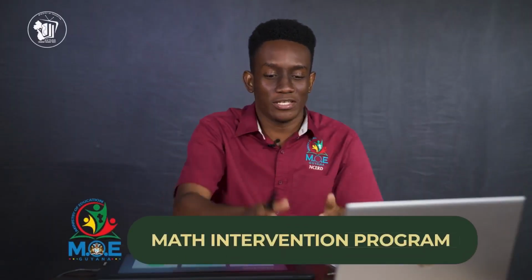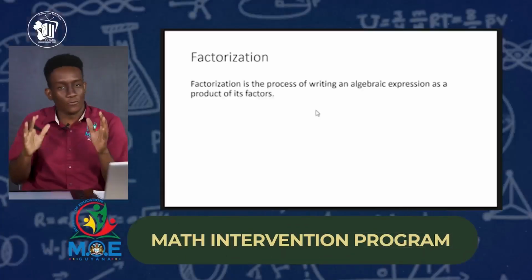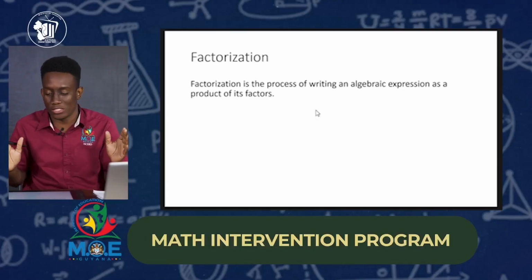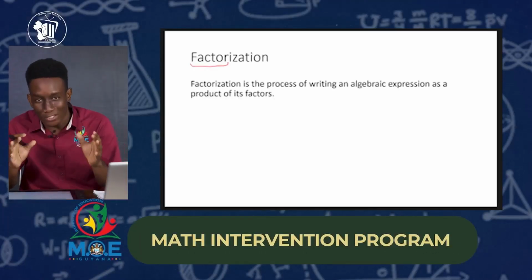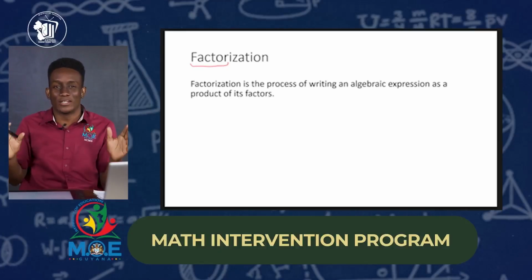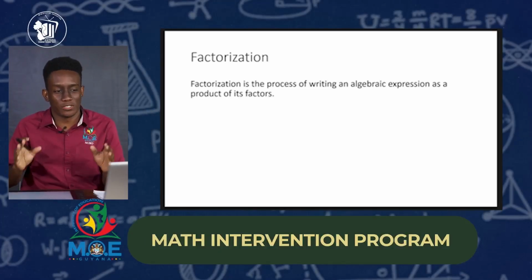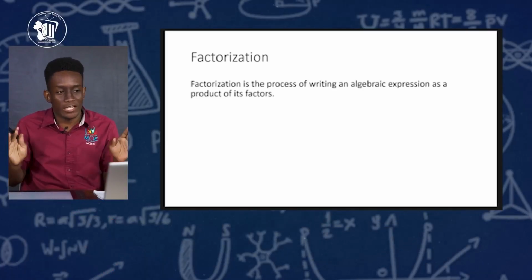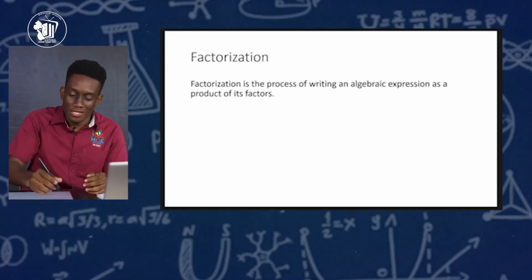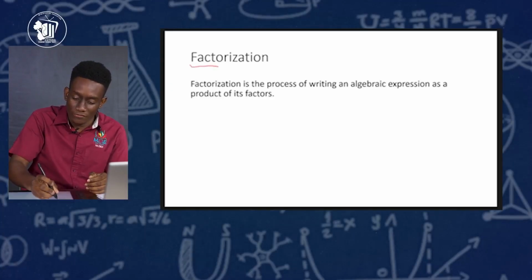So let's head straight into the concept. First of all, factorization is the process of writing an algebraic expression as a product of its factors. And if you look at the word factorization, immediately you should see the word factor.